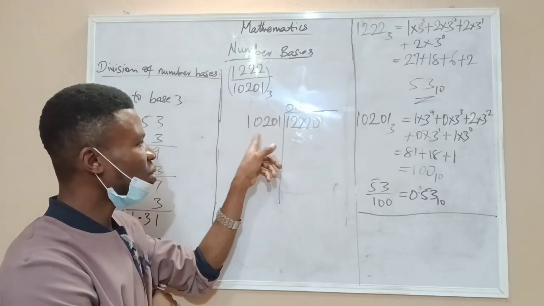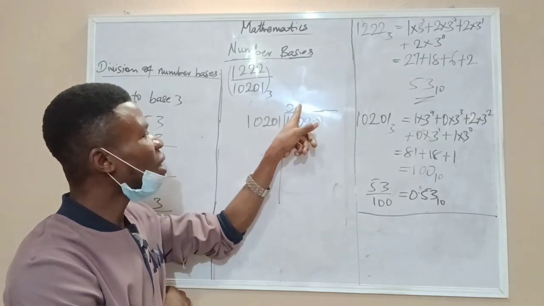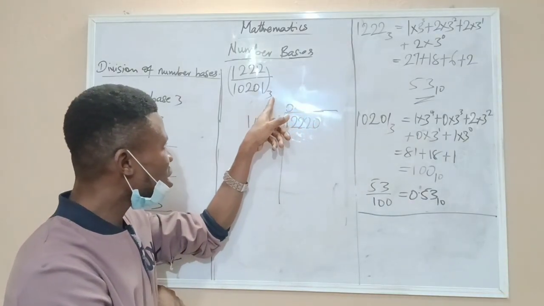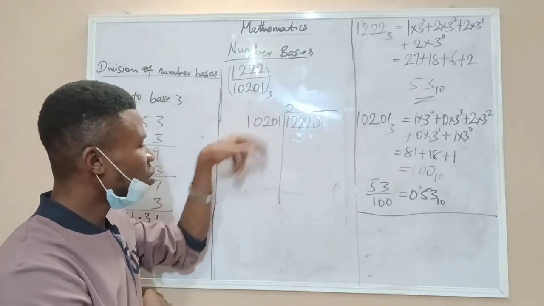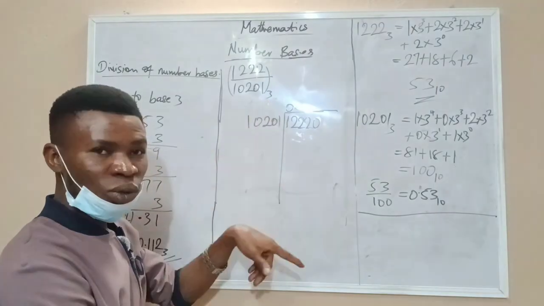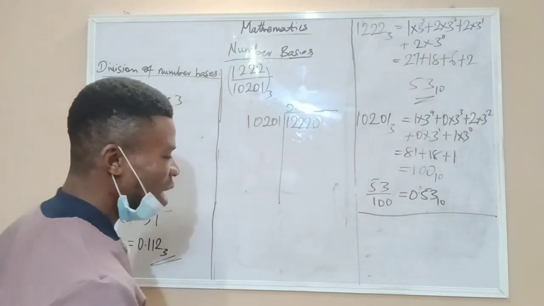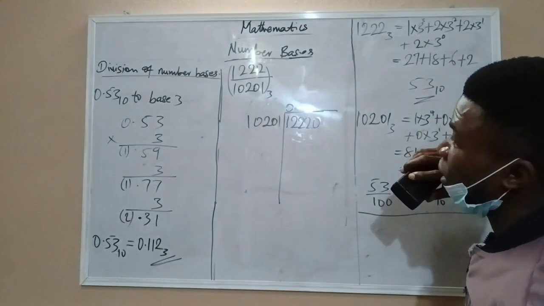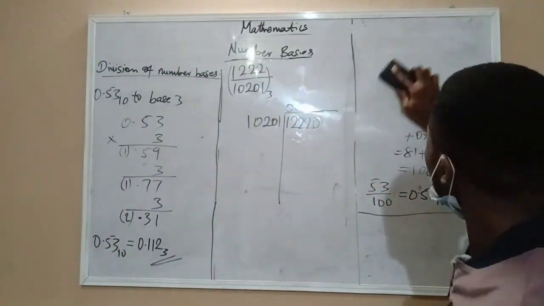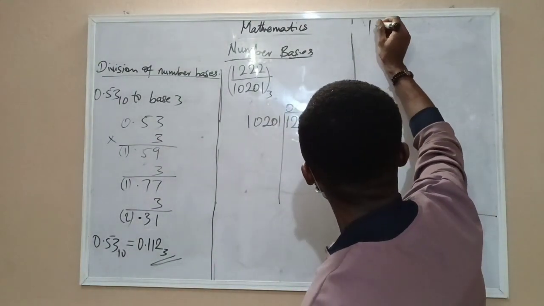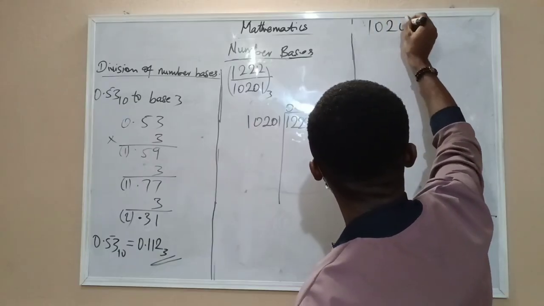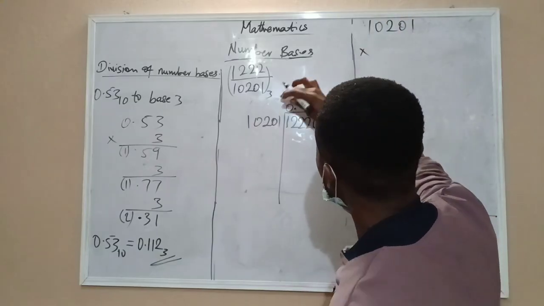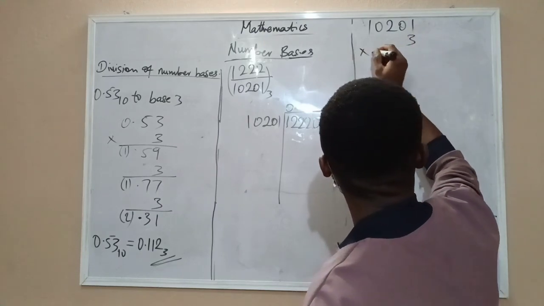To get the number, we use the bases below: 3, 2, and 1. And before that, we look for 10201 multiplied by, let's start with 3. This is the base.